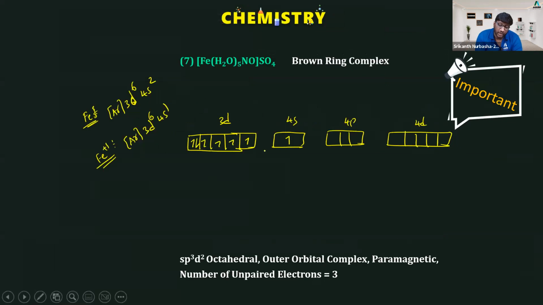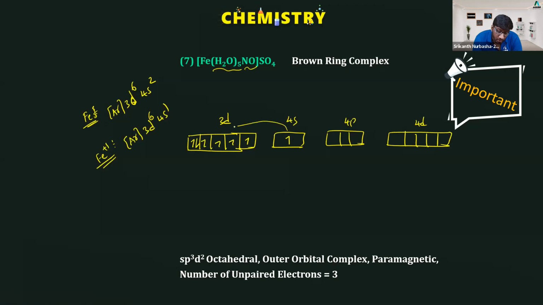So what will happen now is you will be having pairing of electrons. We have 5 weak field ligands and only 1 strong field ligand, and the pairing of electrons is going to happen.